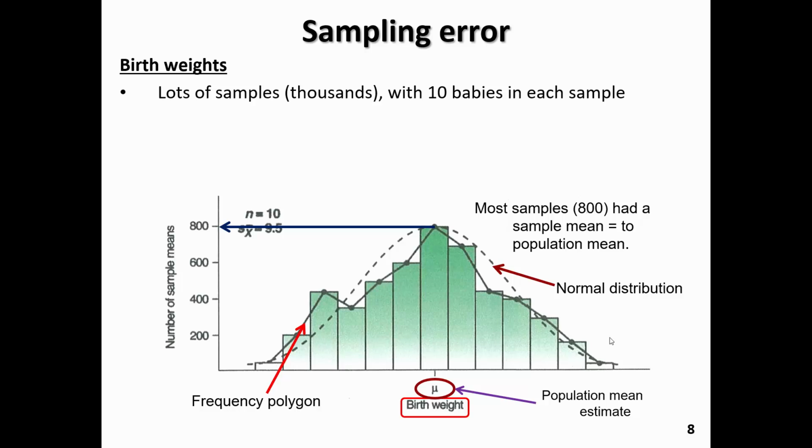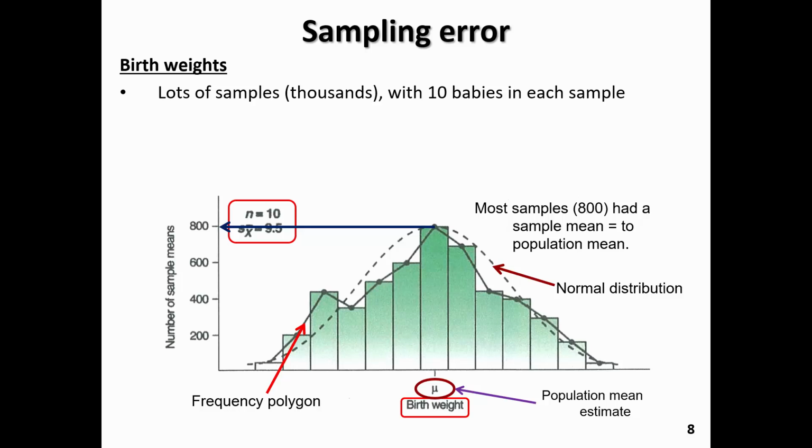However, the histogram is the most common way. Now, what we see here in this box is that n equals the sample size of 10 babies in each sample. And once again, what we're measuring here are the averages of each of the samples.